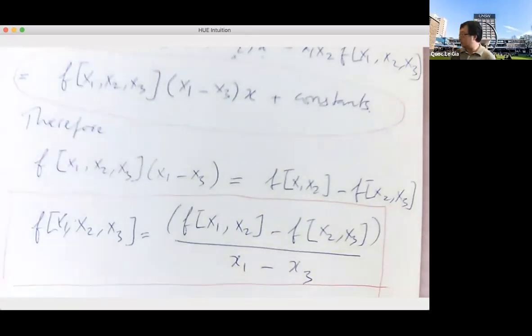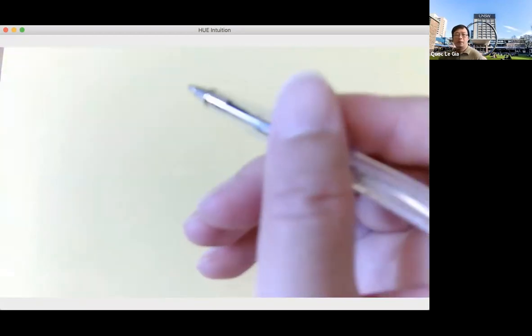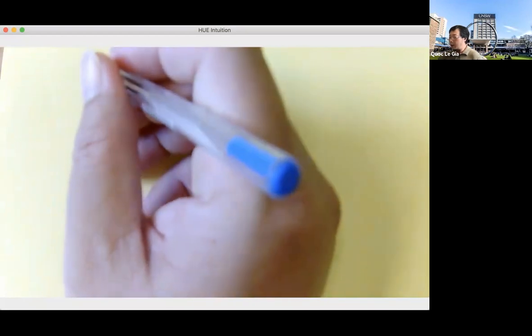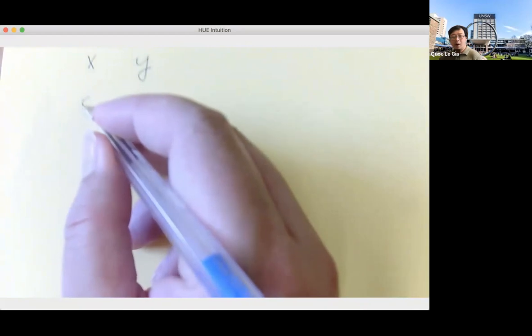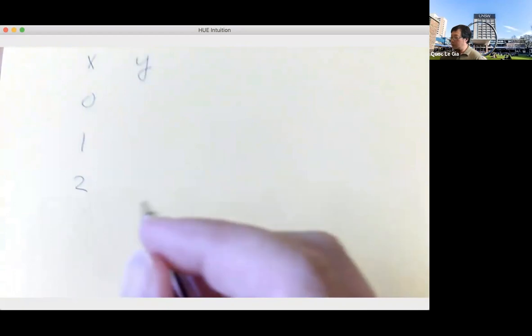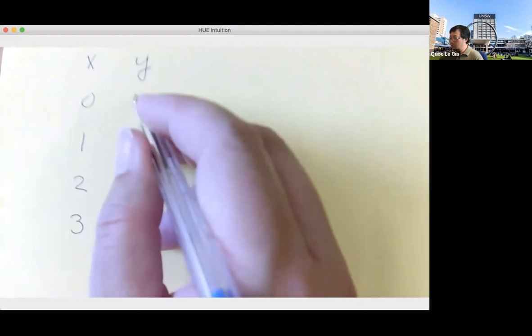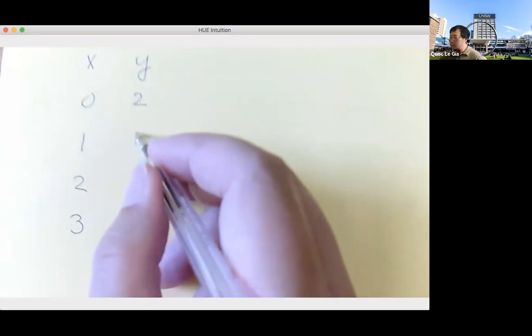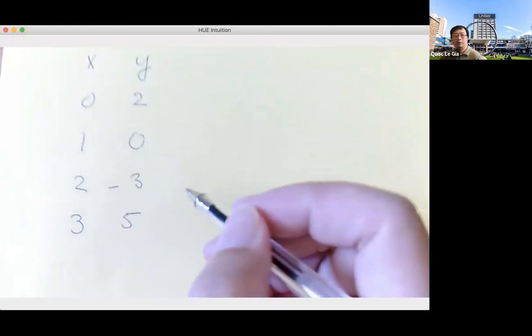Now the theory is a bit complicated, but in practice, it's very simple to construct a table. So now suppose I have x and y, okay? And x is just 0, 1, 2, 3. And y is 2, 0, minus 3, and 5.